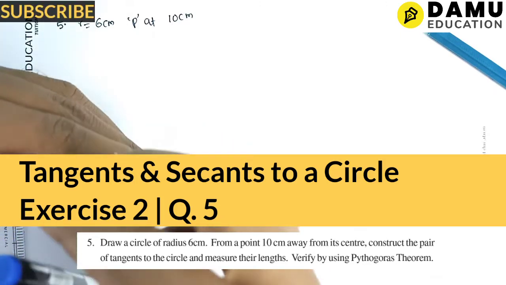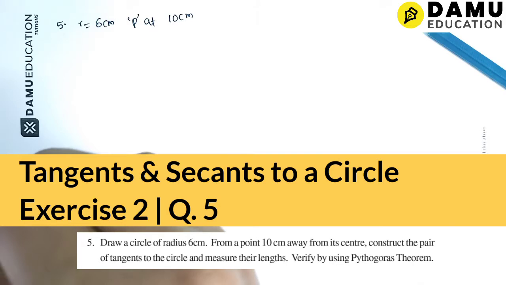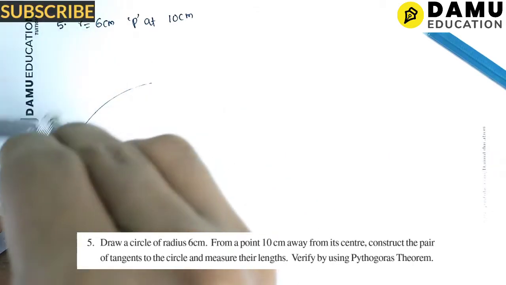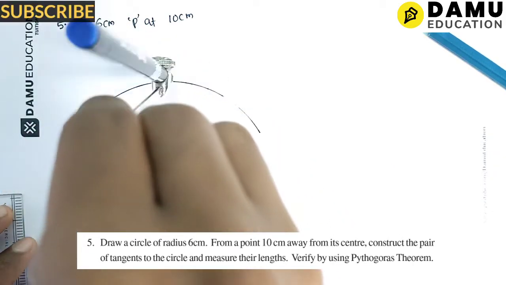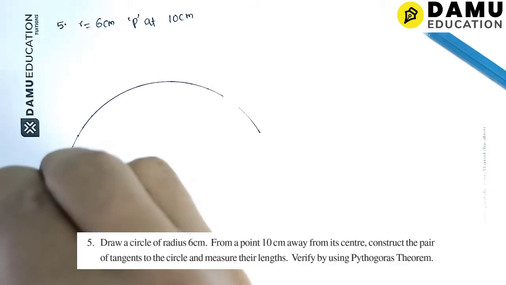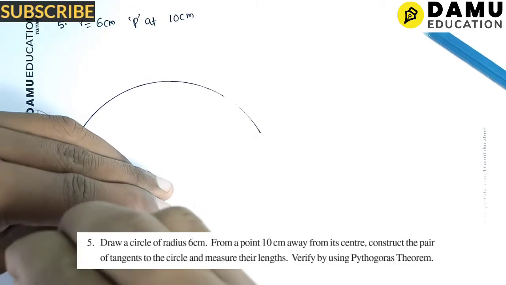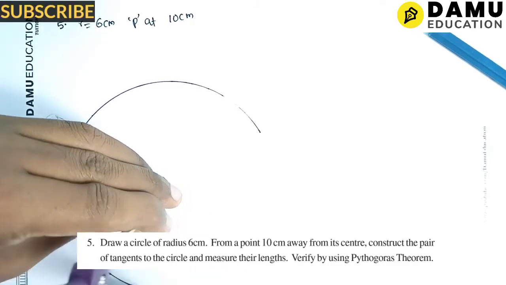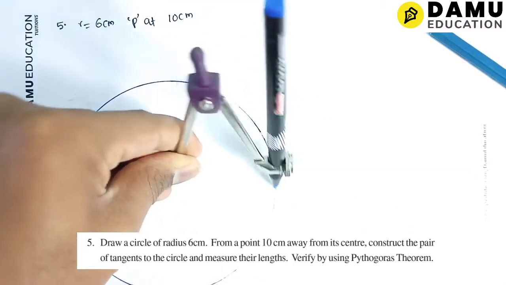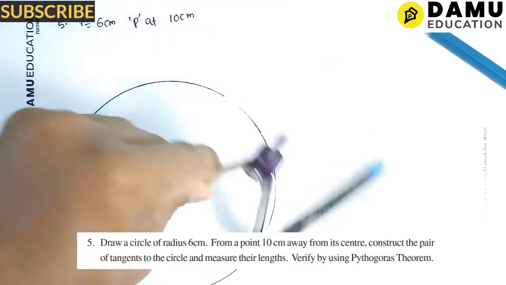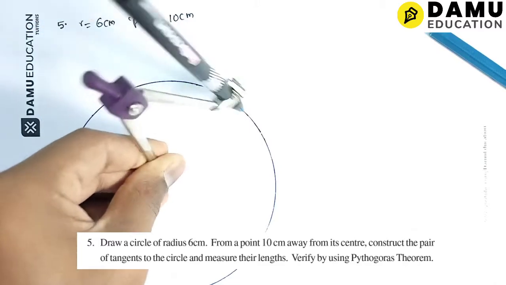So draw one circle with 6 centimeter. First we need to draw the 6 centimeter circle, with the radius 6 centimeter.